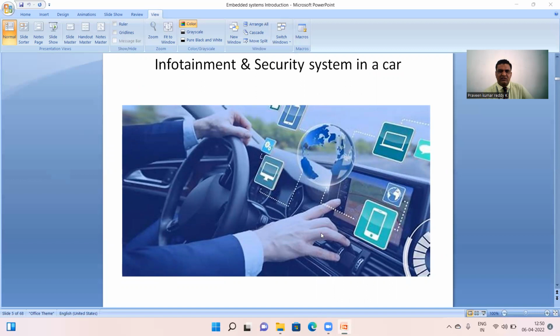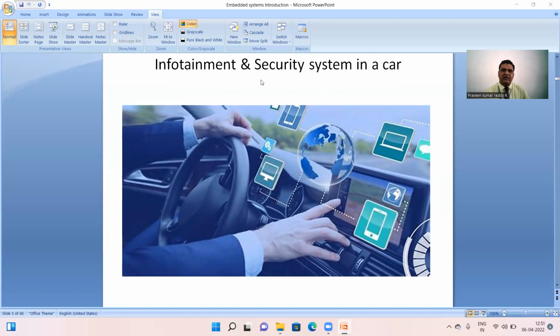Nowadays, advanced cars have a lot of infotainment systems, like being able to play music from your touch screen or dashboard, and navigate through Google Maps. You have a lot of electronics involved in this. There is information and entertainment in your car, like playing music and getting information from Google Maps.